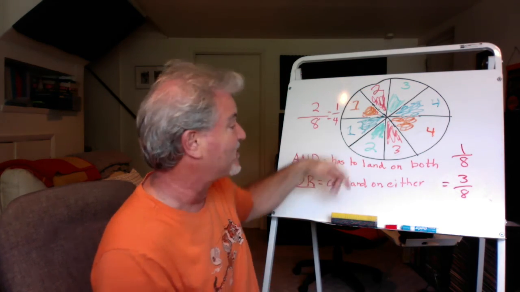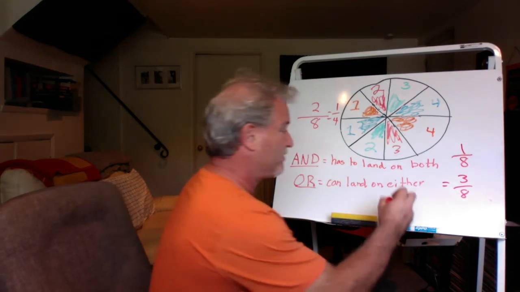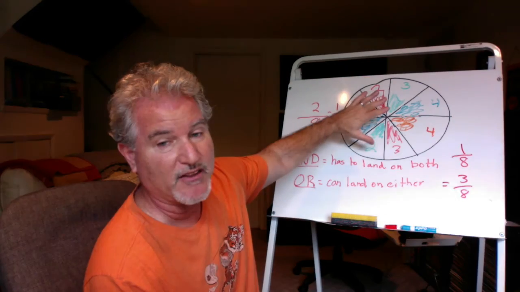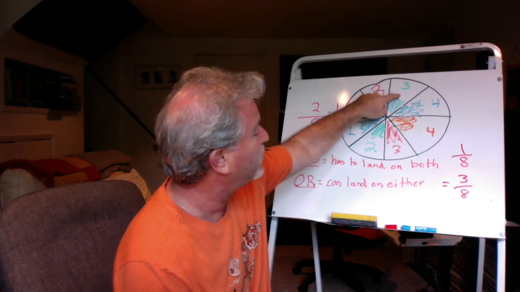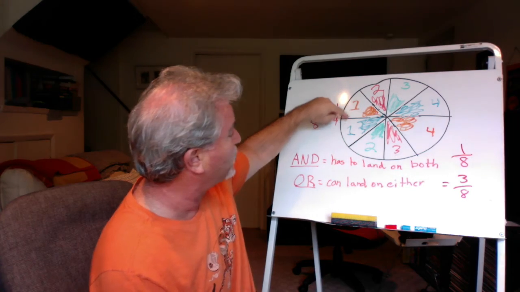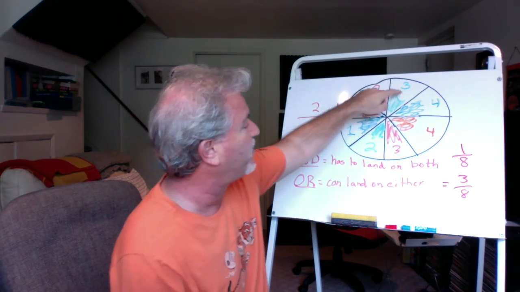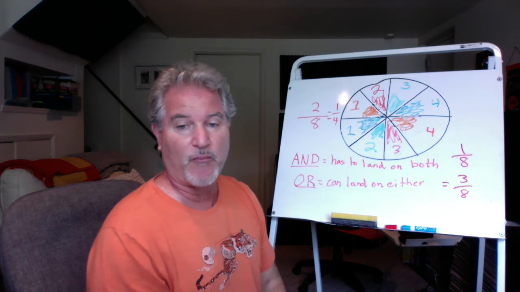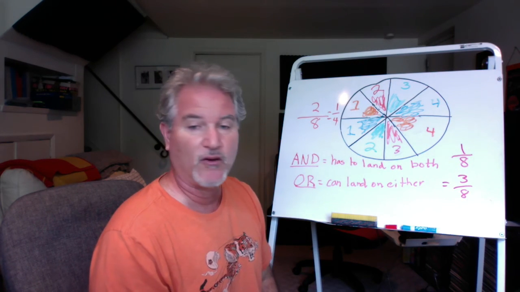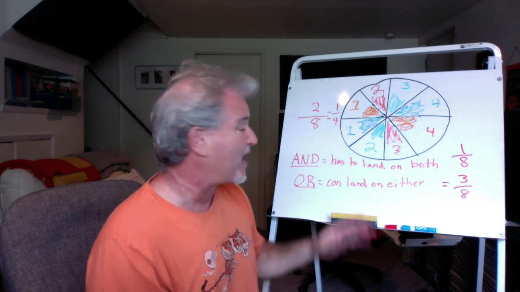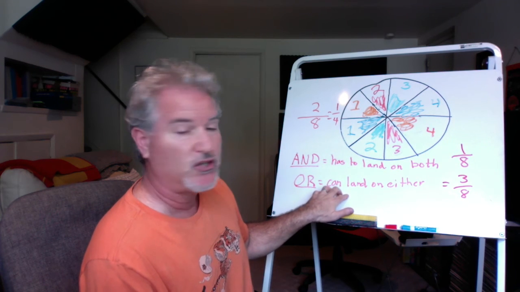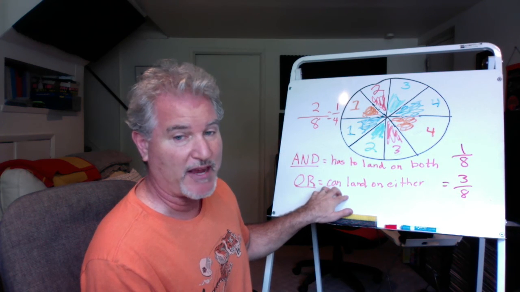So in that case, the answer would be 4 out of 8, because we didn't repeat any of them. There are 2 greens with no ones on them, and 2 ones with no greens. So if it lands here, here, here, or here, that's 4 out of 8, or 1/2. That's the big thing with "or." You can't double count the same space.